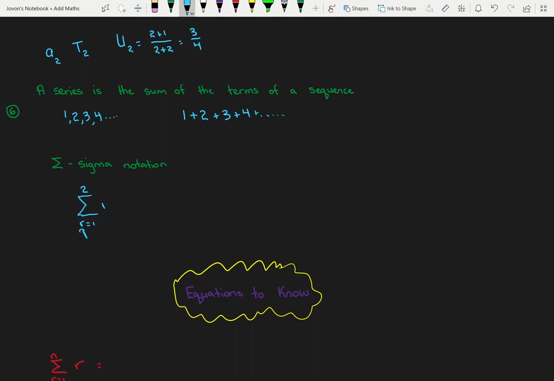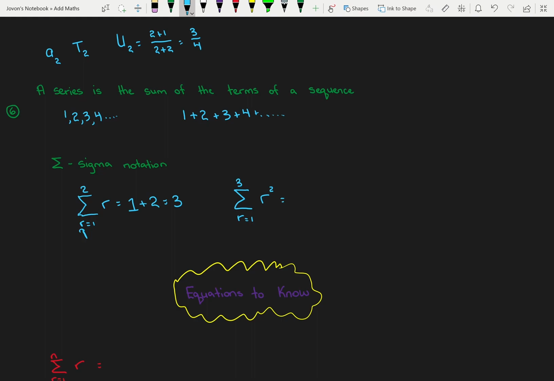What this means is that when r is equal to 1, you have 1, then the next value is 2, and then you add them up and it's equal to 3, okay? Again, let's say we have the sum from r is equal to 1 to 3 of r squared.